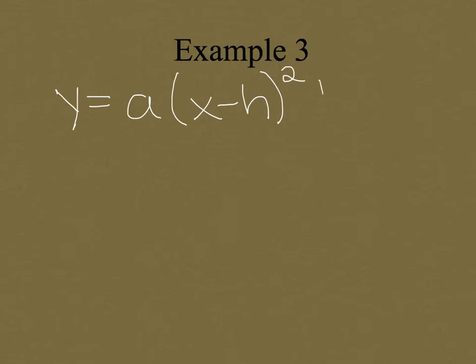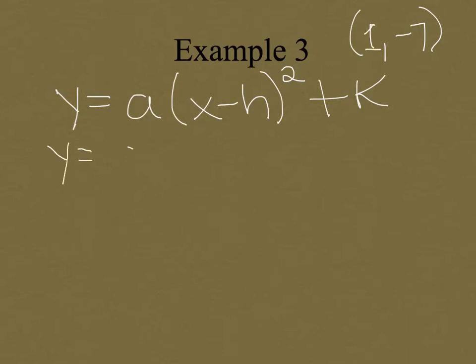If we're going to write an equation for this table of values, I can use vertex form, because vertex form is handy when I know the coordinates of my vertex. In this case I do. We've determined that +1 and -7 are the coordinates of my vertex.